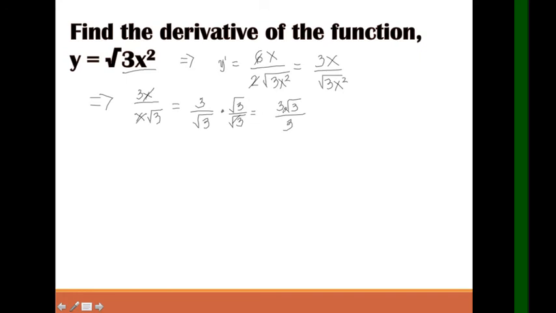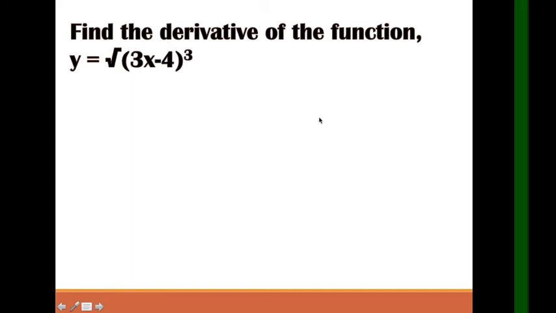Tama? So we can cancel this, and therefore our final answer is the derivative of y is equal to the square root of 3. Hence, for square root of 3x squared, the derivative of y equals square root of 3. Okay? Let's have another example.